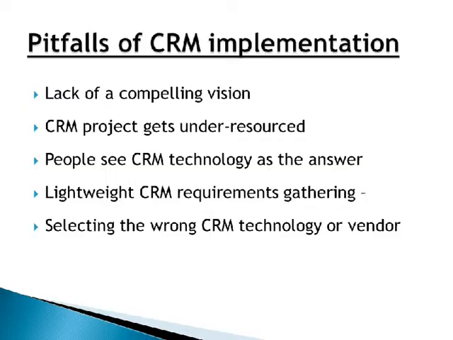In these cases, many organizations make poor technology choices because generic requirements make it difficult to compare and contrast different offerings, selecting the wrong CRM technology or vendor. This often flows from poor requirements gathering, but is also caused by an undue emphasis on the quality of the salesperson's sales presentation rather than a dispassionate assessment of the vendor's capabilities.